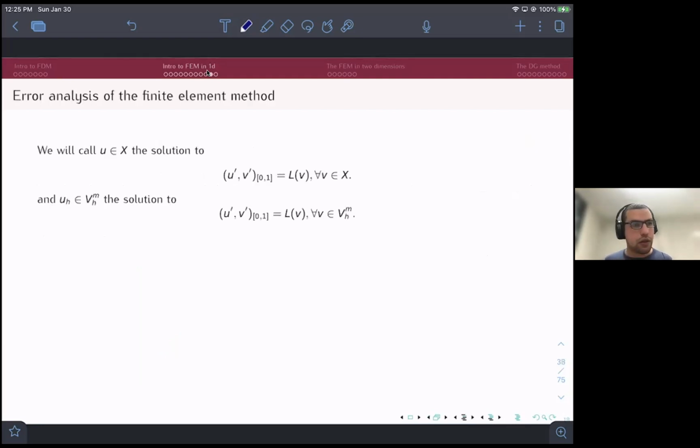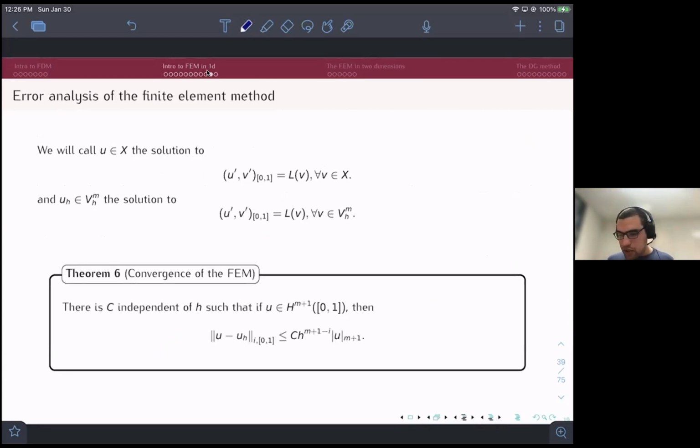And then you just go back to the weak form that we had before. And instead of X, now you have the space V_m^h, which is our finite element space. And we actually have a theorem about convergence in FEM.